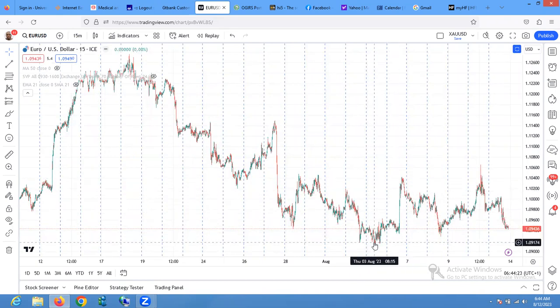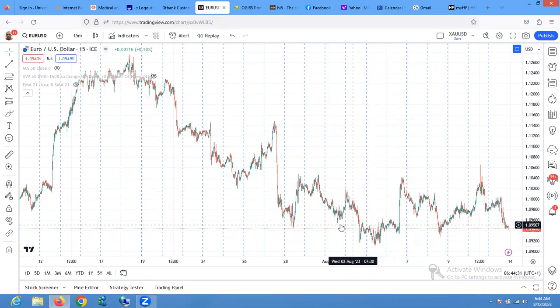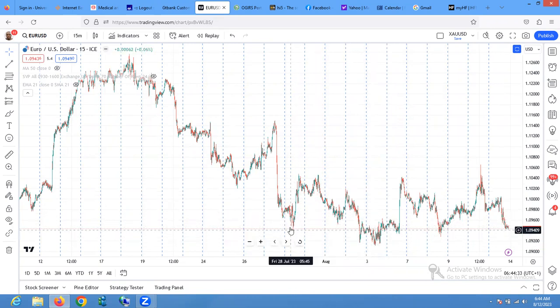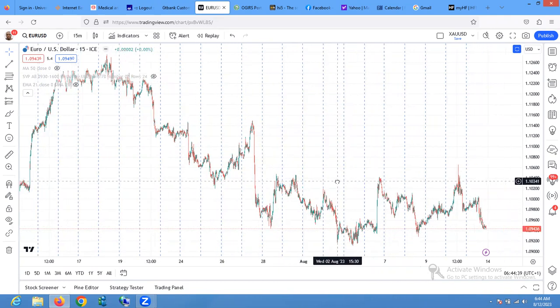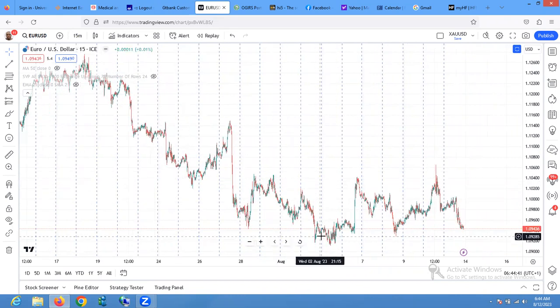If it had gone below 127 itself, it won't be a new wave until it pulls beyond 161.8 of this entire run. Once it pulls beyond 161.8 of this entire run, then you say, okay, we are in a new wave. So it's still part of a correction that is ongoing.